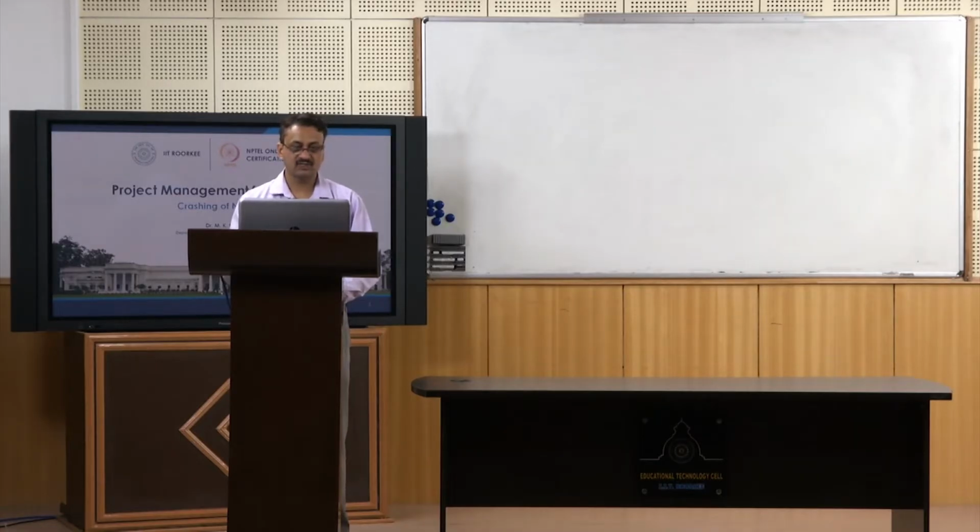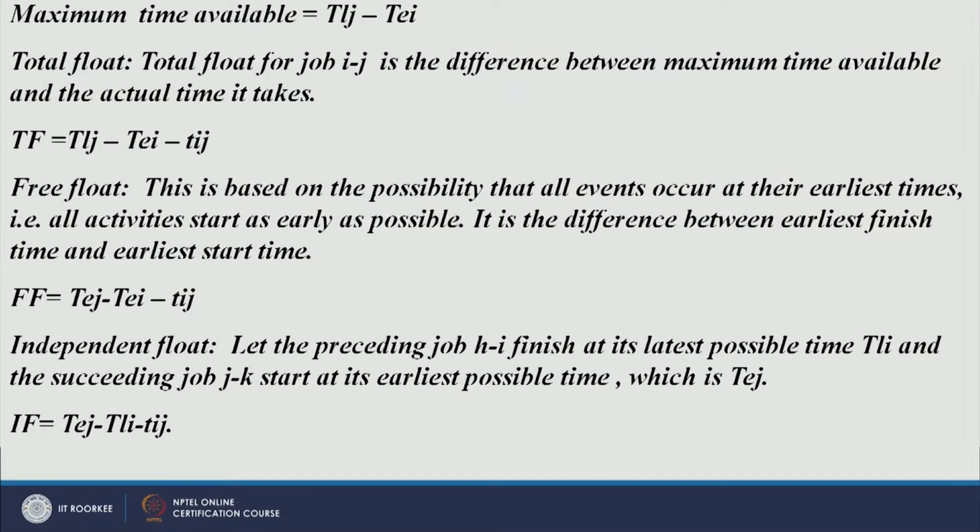And all of you know what is earliest start time, earliest finish time, latest finish time, latest start time. This is total float: TLJ minus TEI minus duration. Independent float is TEJ minus TLI minus duration. If you look at the formulas for total float and independent float, these two terms are interchanged in the formula for independent float, right?